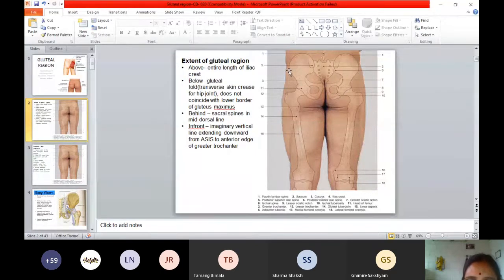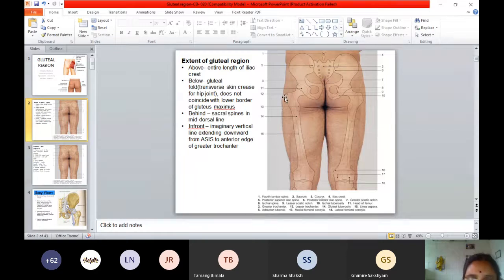So the anterior boundary of the gluteal region is the imaginary line passing from the anterior superior iliac spine to the anterior edge of the greater trochanter. Can you see this number 12? This is known as the greater trochanter.